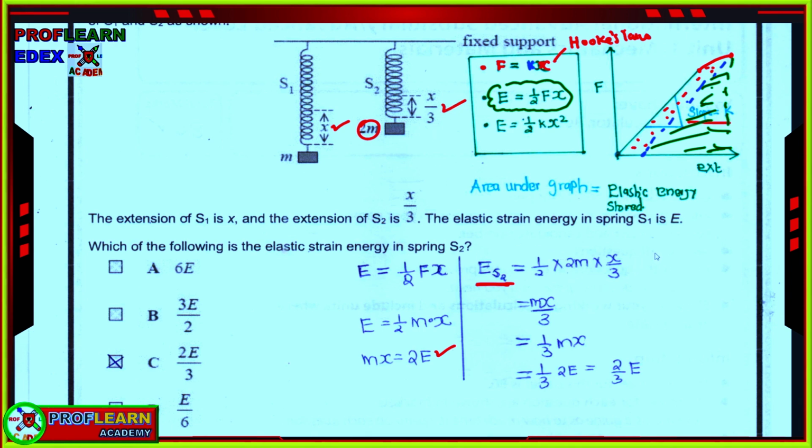But mx that we have here is representing 2E. So we can say a third times 2E, and that is going to be 2 over 3 E. So this is the expression we get for the energy stored in spring 2 in terms of the energy stored in spring 1, and that is option C that we have here.